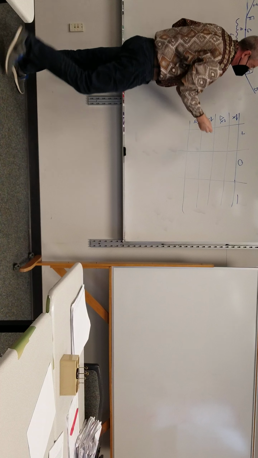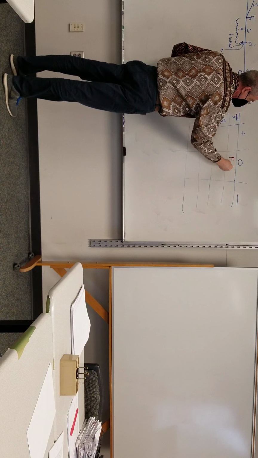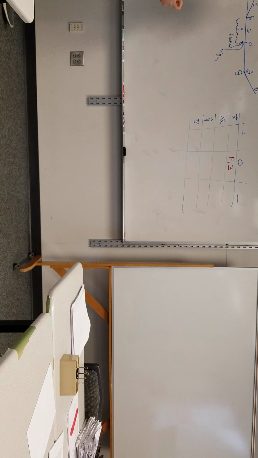So this is F and B. I find it convenient for at least the first three to figure out where 0 is, because you can't go from positive to negative without crossing through 0, or vice versa.